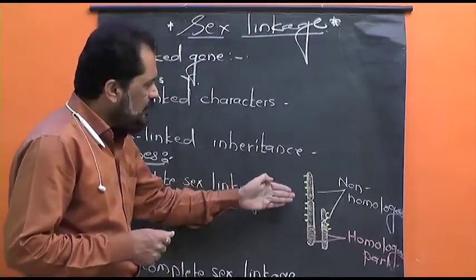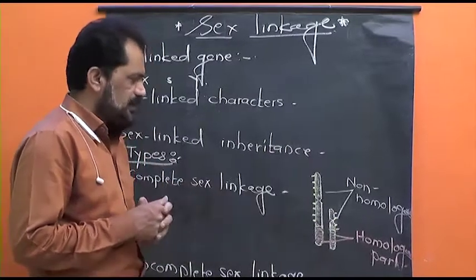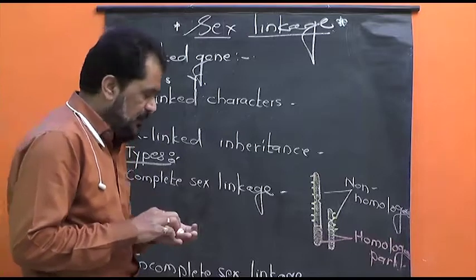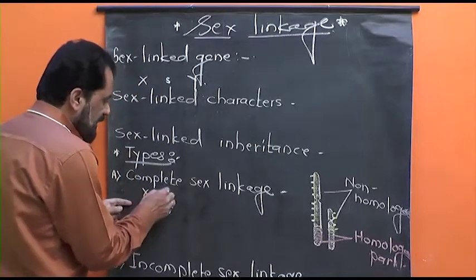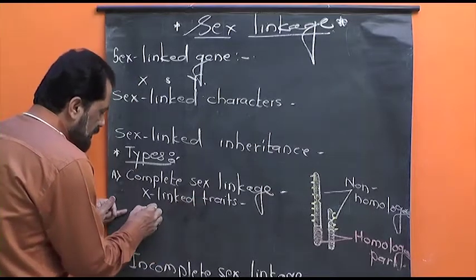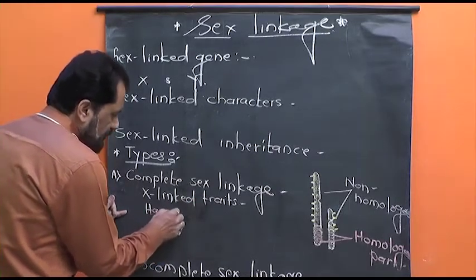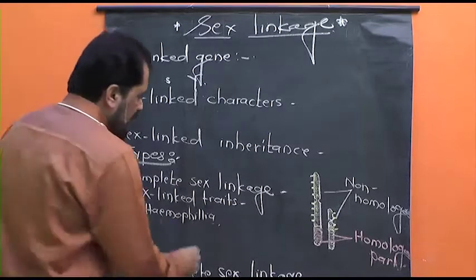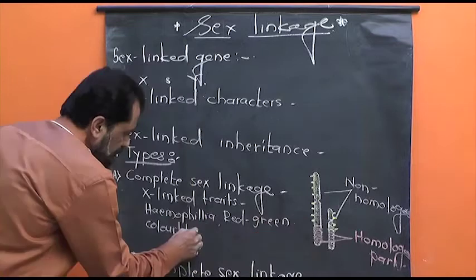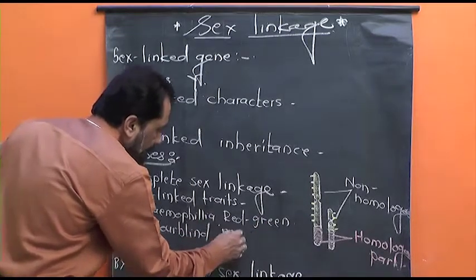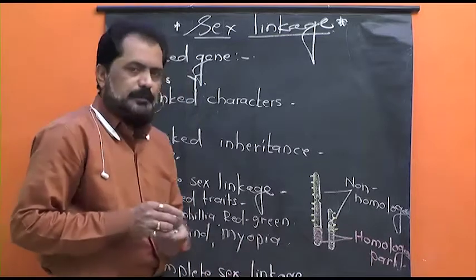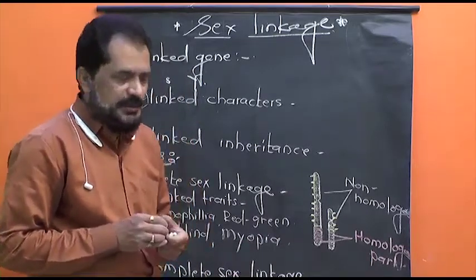These non-homologous parts contain genes that control different characters. Let me tell you, such as the X-linked traits: hemophilia, this disorder, then red-green color blindness, and myopia, an eye disorder, that is nearsightedness or short-sightedness.